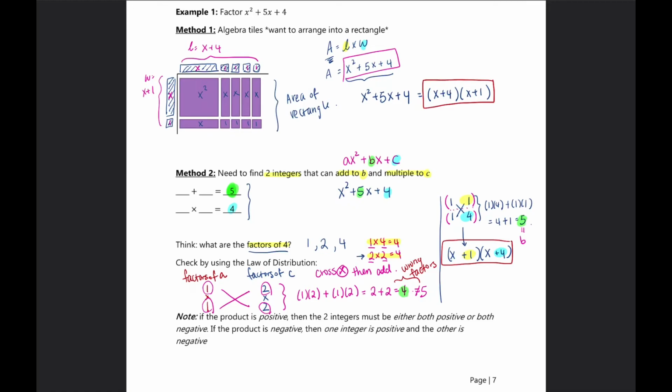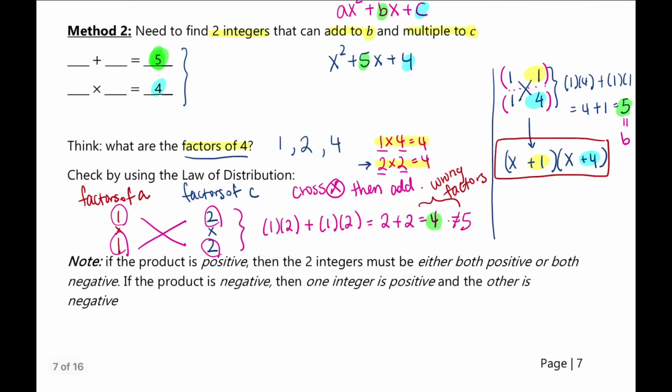If the product is positive, then the two integers must be either both positive or both negative. Because in order for us to get a positive product, we need either positive times positive, or negative times negative.